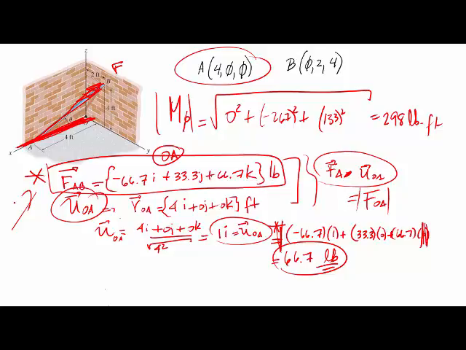If we want to find the angle between the two, how is it? Cosine of theta. So it was the magnitude of F times the magnitude, well, this magnitude is 1, right, times the cosine of theta equals 66.7. And then in this case, you can find the cosine of theta. Okay?